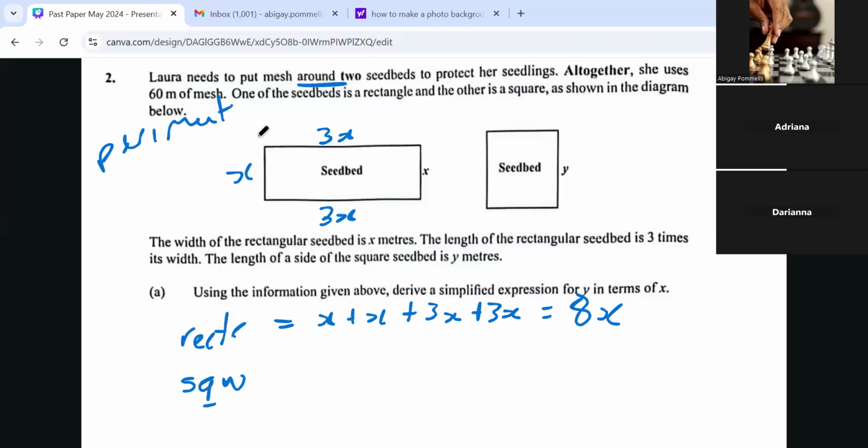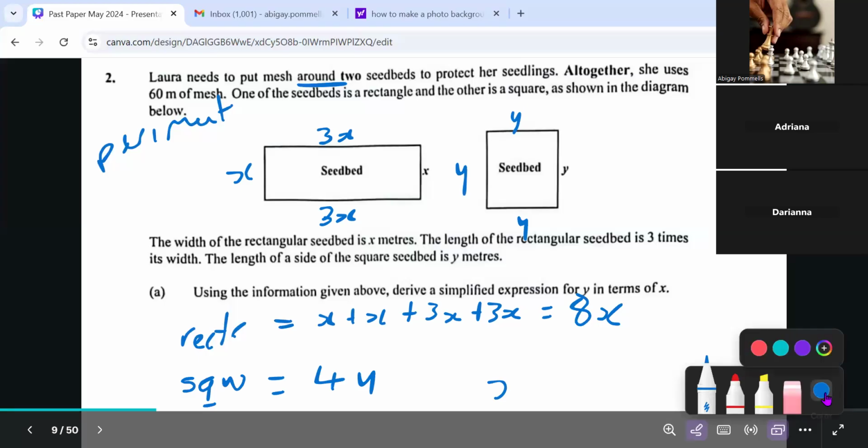Now we're going to the square. Using our background, we know that the square has all 4 sides equal, so everything is just y. So we know that is 4y. So we're going to put these two together now. Hold on there. Give me a minute, because we have not yet simplified.